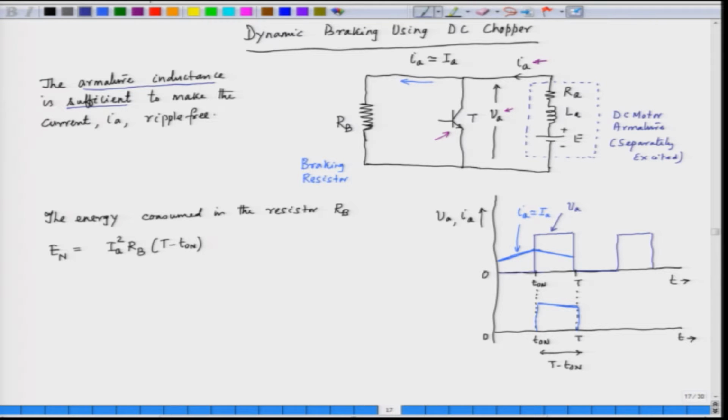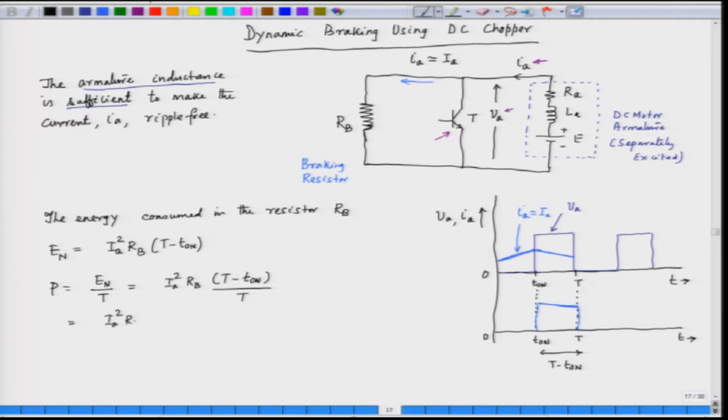So, the power P is equal to the energy by capital T, that is equal to I square R B into (T minus T on) by capital T.